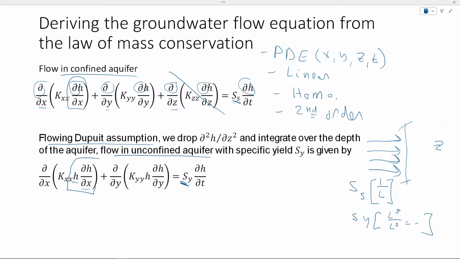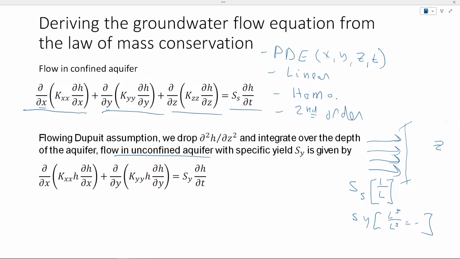So you see that's the difference between these two equations. Remember in the first lesson we talked about dimensional homogeneity. If you check the dimension of this term, this term, and this term, all these terms will have dimensional homogeneity.